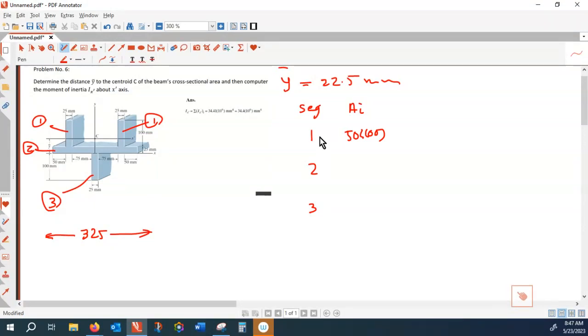And then, in the question, it is asking for the moment of inertia Ix prime about the X prime axis. So this is the X axis.